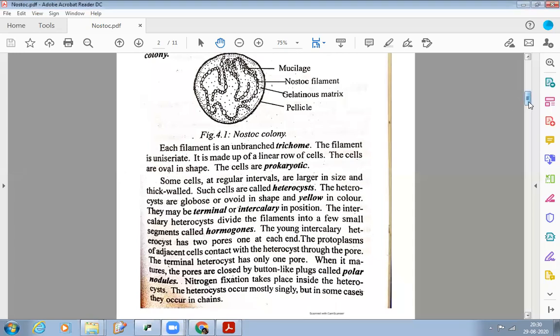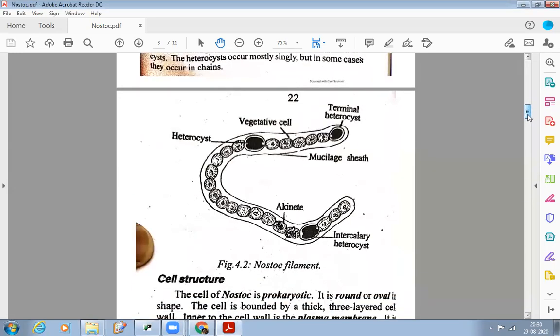If we observe the individual filament, the individual organism, here these are the heterocysts. There are two different types of heterocysts. One is intercalary, that means present between the vegetative cells.